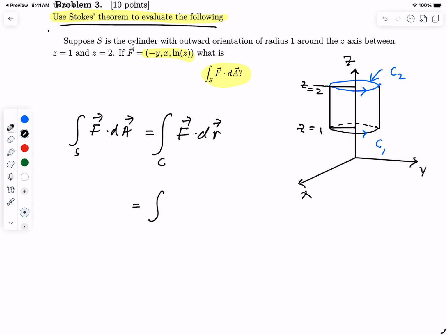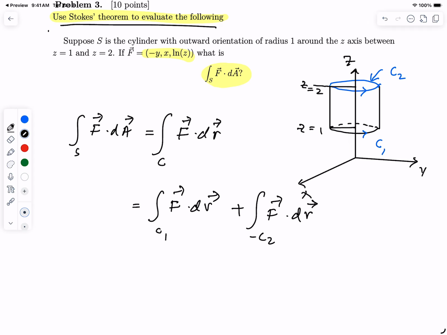So this will give me the integral over C1 of F dot dr plus the negative integral over C2 of F dot dr. Now you can ask me why I wrote negative C2 here. Why not C2? I am defining C1 and C2 to be curves with counterclockwise orientation. Those are my curves.